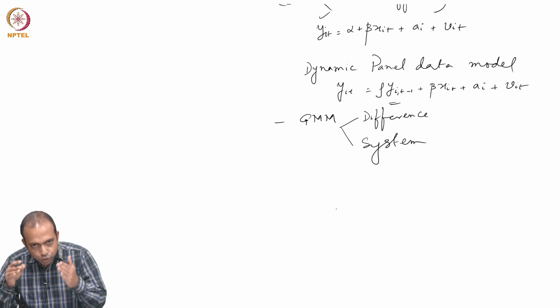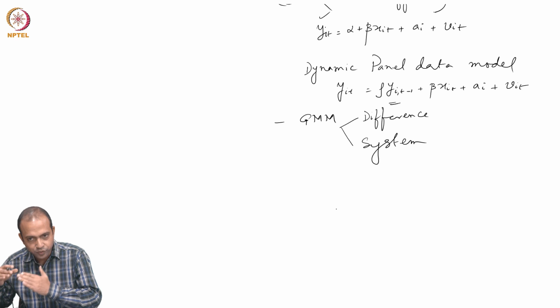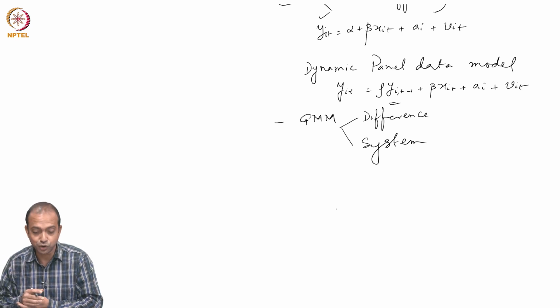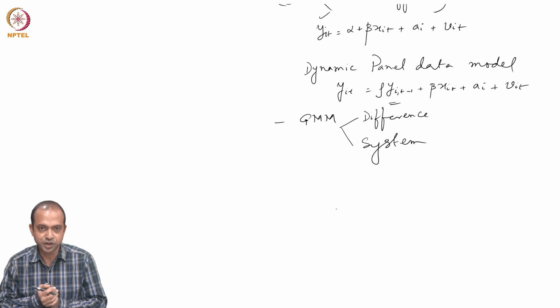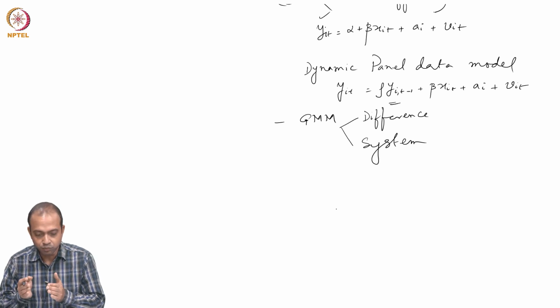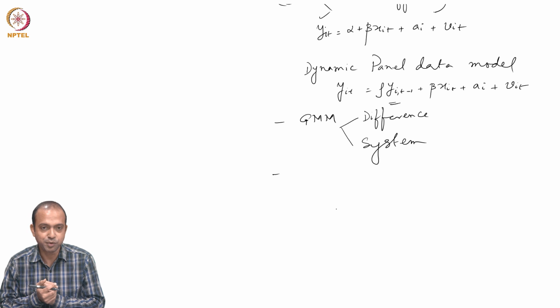Whether autocorrelation is there or not, whether over-identifying restrictions are valid or not, those things we are going to discuss in this particular sub-module of the dynamic panel data model.